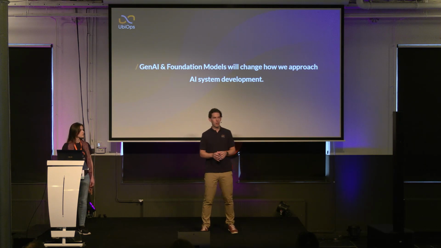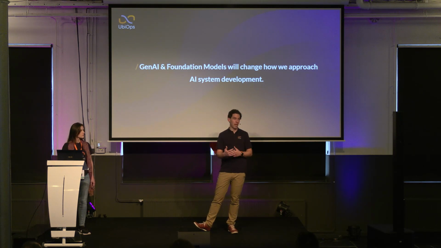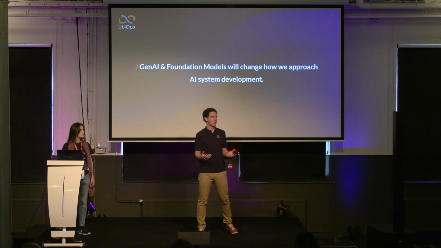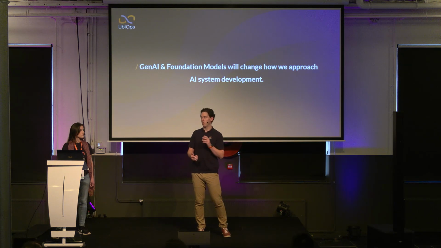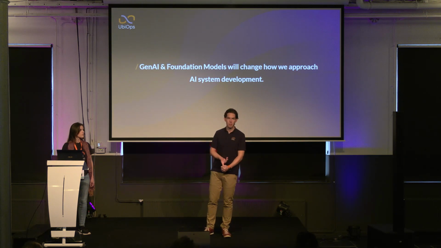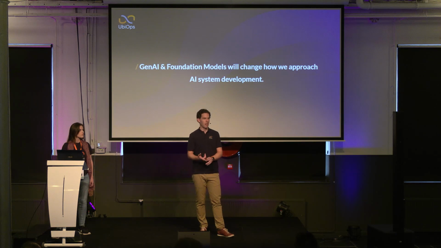Now, since last year, we suddenly have access to very powerful pre-trained models like Stable Diffusion and different large language models like Llama and Falcon that give you these really powerful capabilities out of the box.